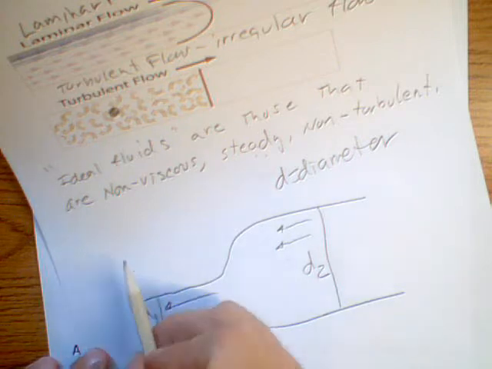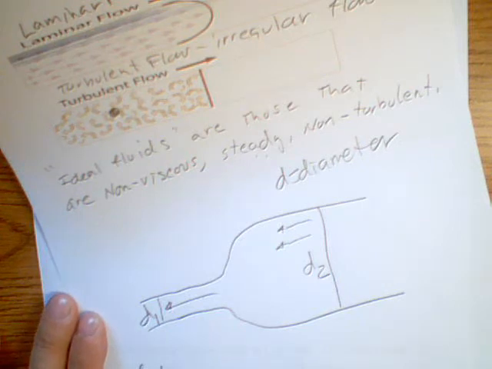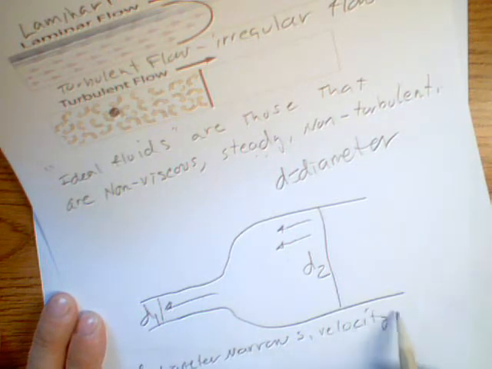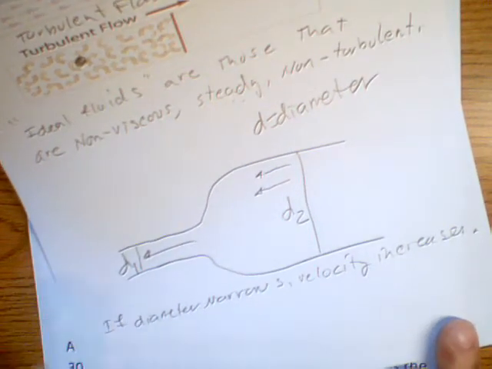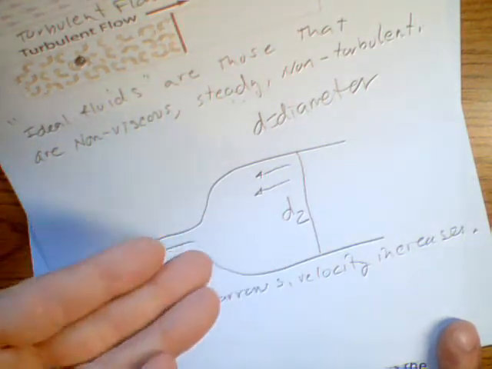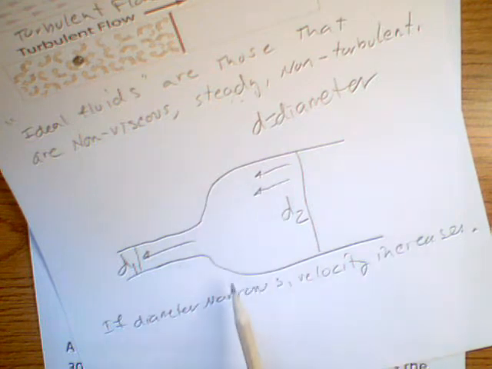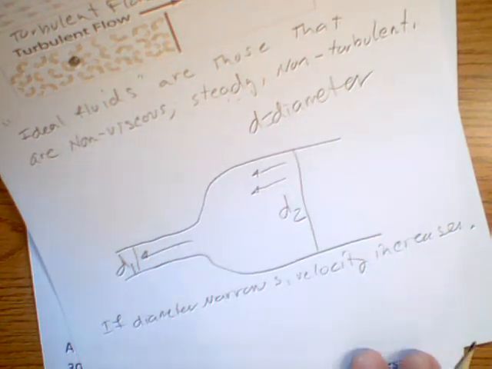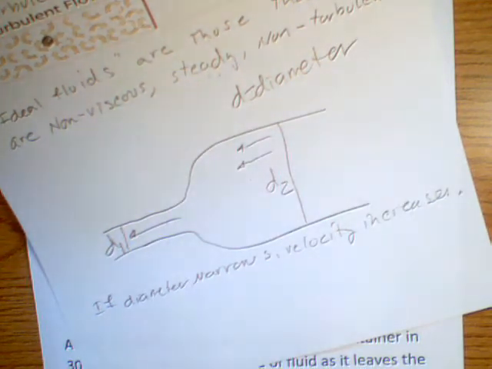So if the diameter narrows in a closed system, velocity increases. I mean, we've seen this. This is the whole idea of damming up a river. If it's not a closed system, it'll flood the neighboring villages. But we're assuming that it's in a closed system, right?